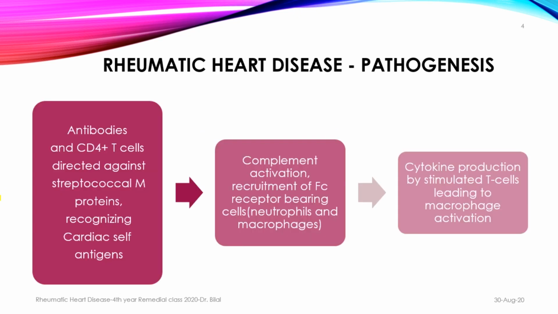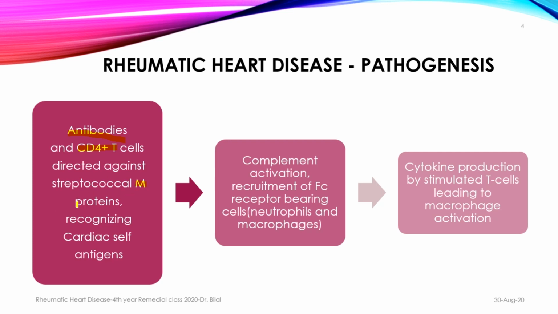Now, how does it happen? When there's infection by streptococcal pharyngitis, by the streptococcal bacterium, the body tries to give some response, and antibodies and CD4 positive T cells are activated, which are directed against the M protein.